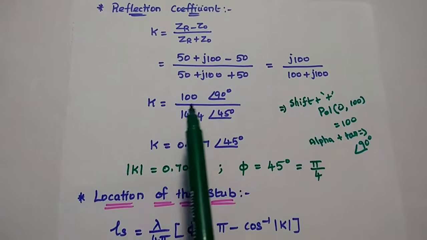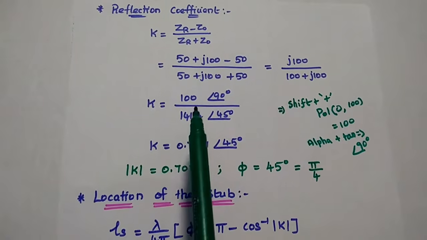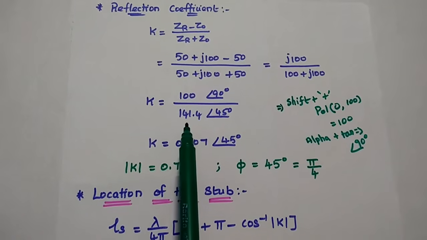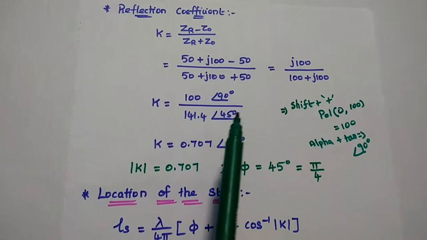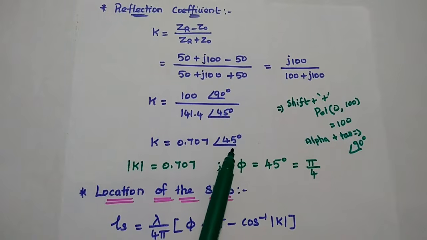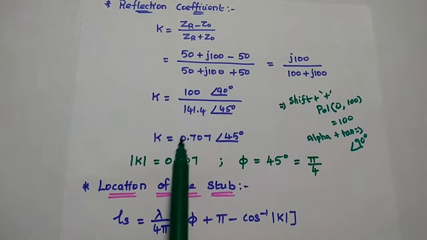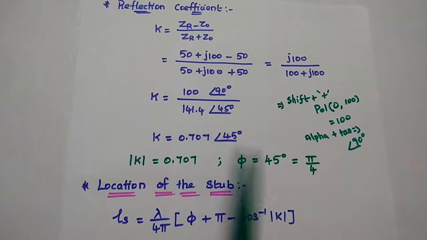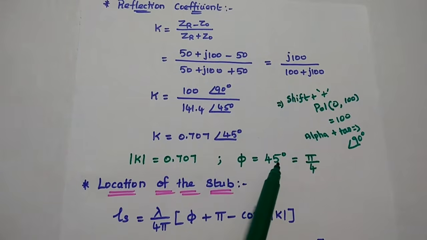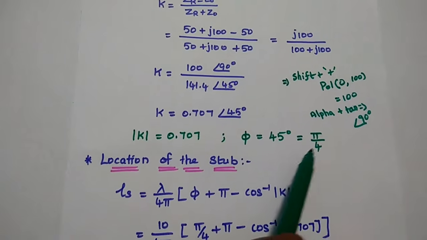After that we divide these two values. So 100 divided by 141.4 is equal to 0.707, and 90 minus 45 is 45 degree. So the magnitude value is 0.707. The phase value phi is equal to 45 degree. This 45 can be written as pi by 4.